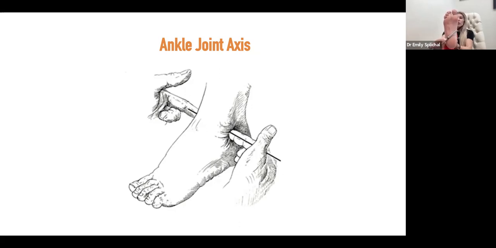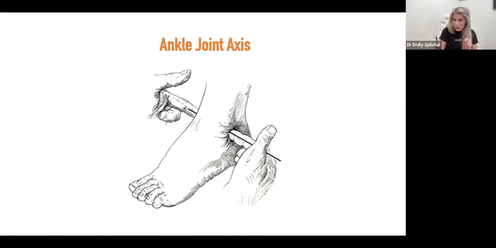However, because we are moving through not just one plane of motion, you get this oblique orientation. And then technically it's a little bit like that as well, okay? So you are technically getting all three planes through your ankle, but a majority of the range of motion in your ankle is going to be coming from sagittal and transverse, okay?